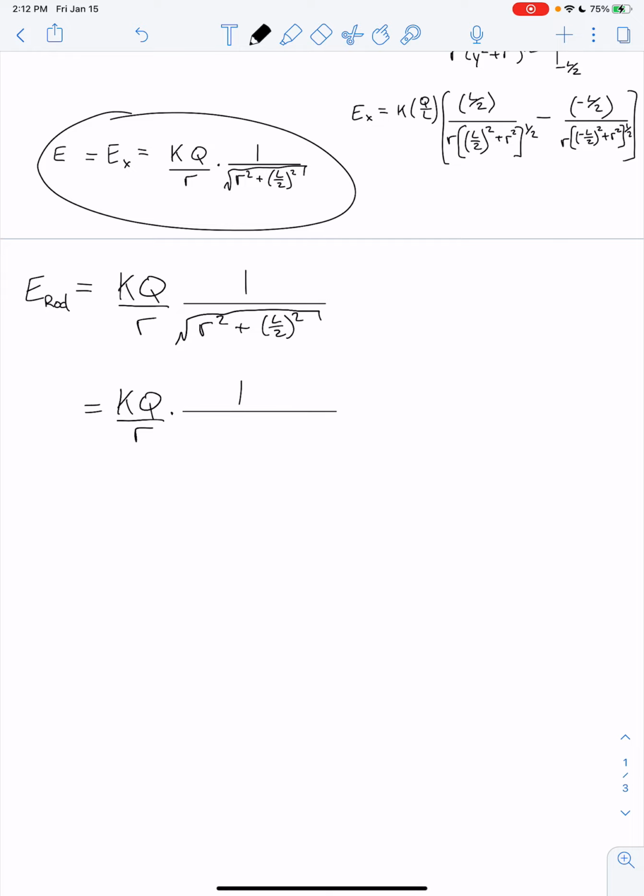So we're going to have kQ over r and 1 over... Now I'm going to draw this a little bigger. Let's draw out that L over 2 term.